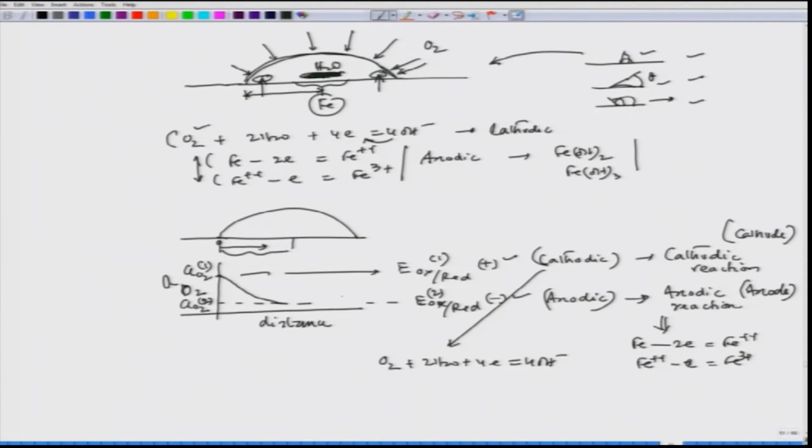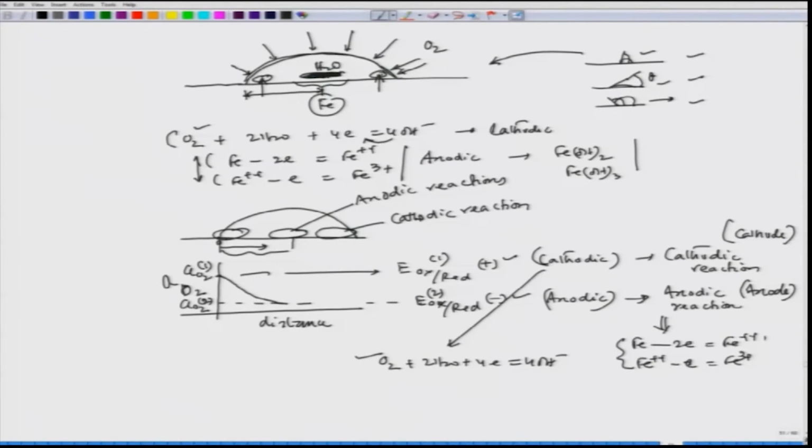So, in this zone we have the cathodic reaction and in this zone we have the anodic reactions. The cathodic reaction is this one and anodic reactions are these two.